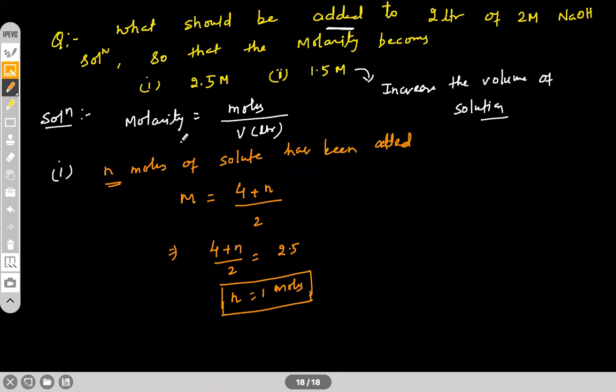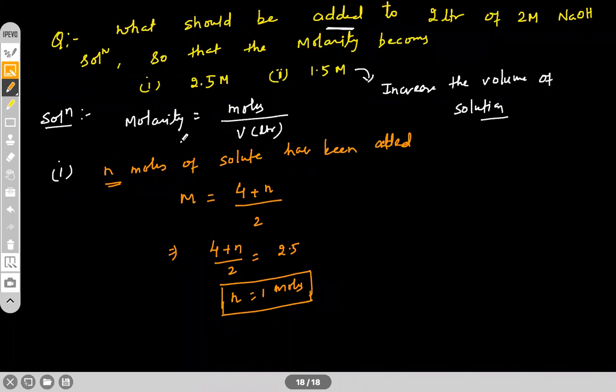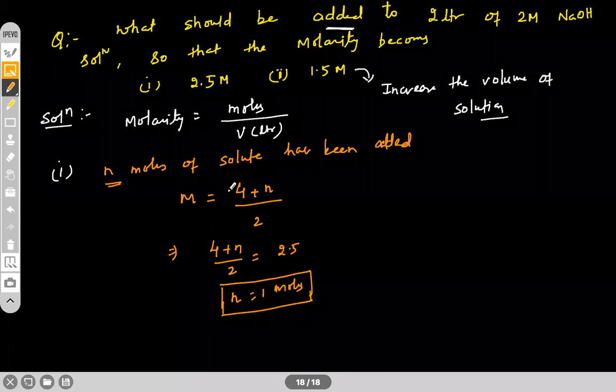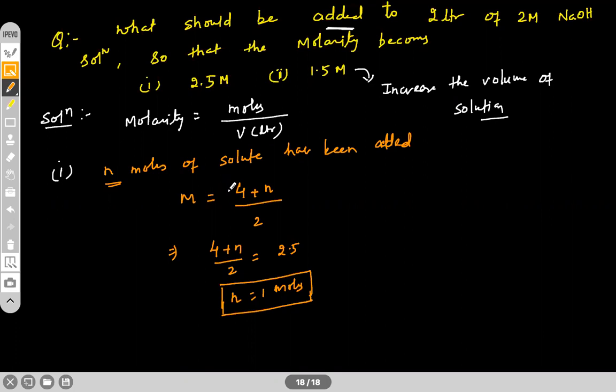Still, it is 5 liter only. That is what we are taking. It is not the volume that is occupied by the solvent, it is the volume of solvent that you are taking. And if you change both, then in that case, you won't be able to solve this question. You cannot change both, right?